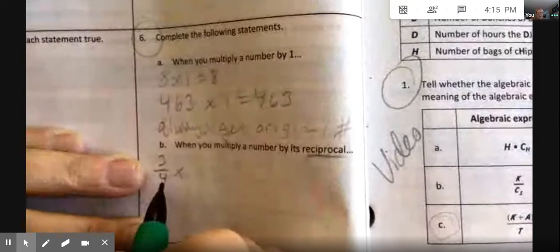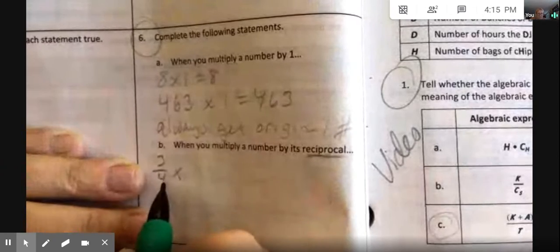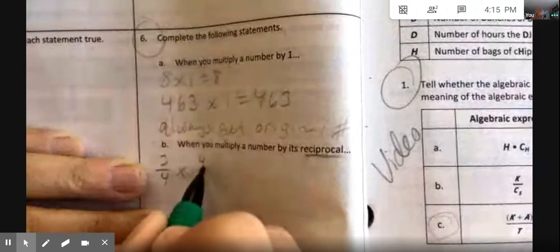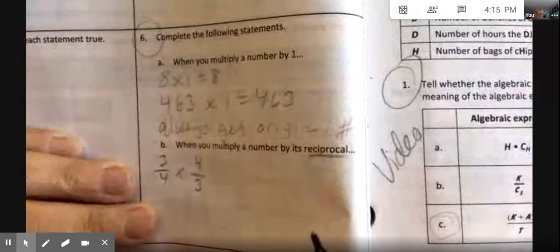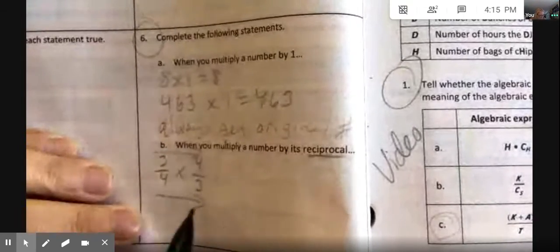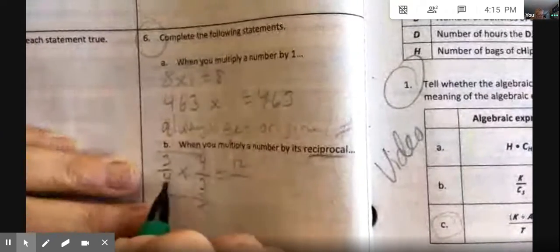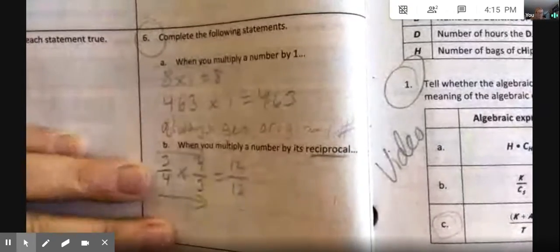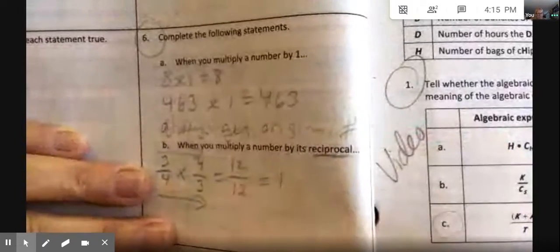Reciprocal is when you take a fraction and you flip it upside down. So the denominator 4 becomes the numerator, and the numerator 3 becomes the denominator. And when we multiply it, remember, you're multiplying straight across. So 3 times 4 is 12. 4 times 3 is 12.